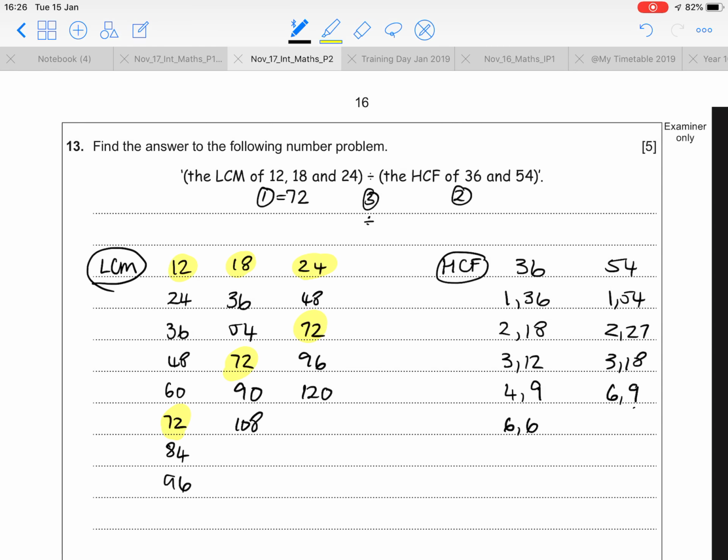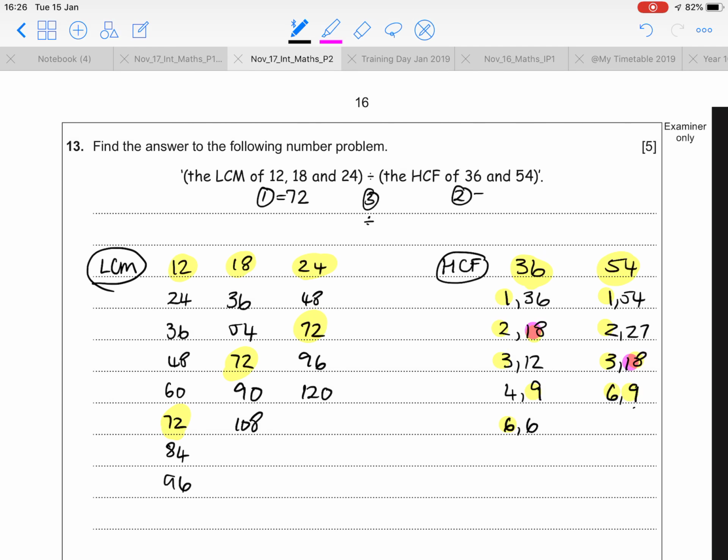So I'm looking for a common factor. For 36 and 54, I'm looking for the biggest number that's in both. They've both got 1, they've both got 2, they've both got 3, they've both got 6, they've both got 18, they've both got 9. But if I'm looking for the highest common factor out of those that I've highlighted in yellow now, the highest number is actually 18.